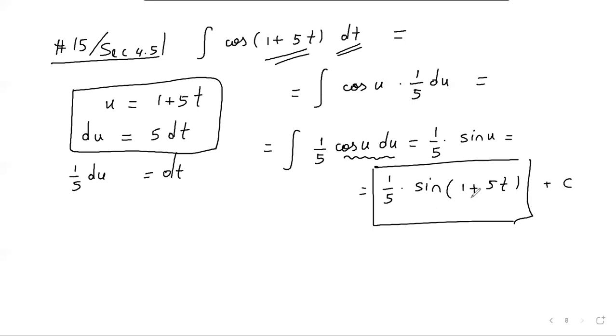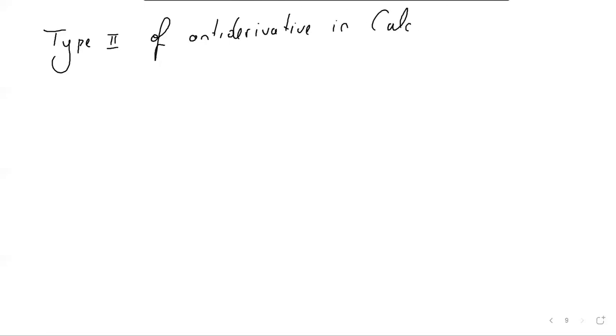So generally, the strategy is, the second type, type 2 of antiderivative in Calc 1, and this is it basically. So we don't learn another type.